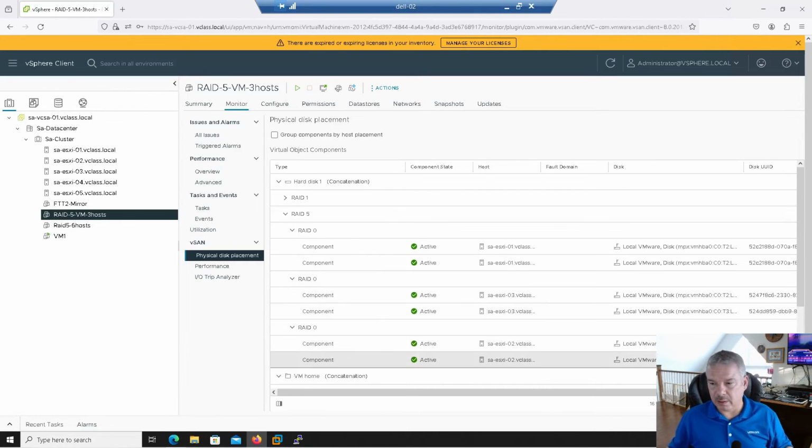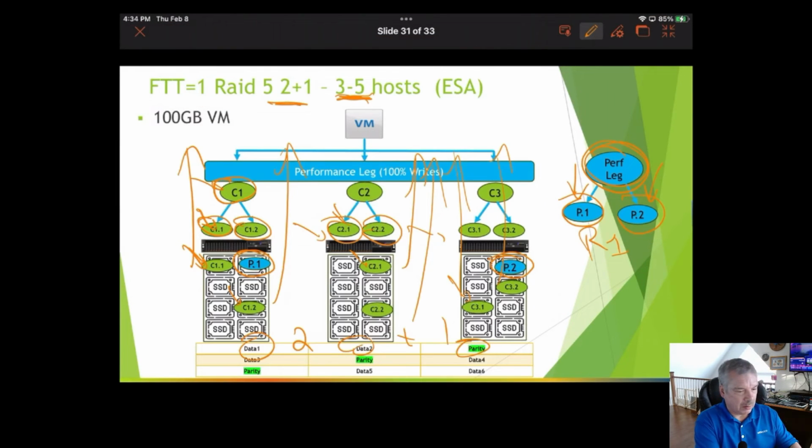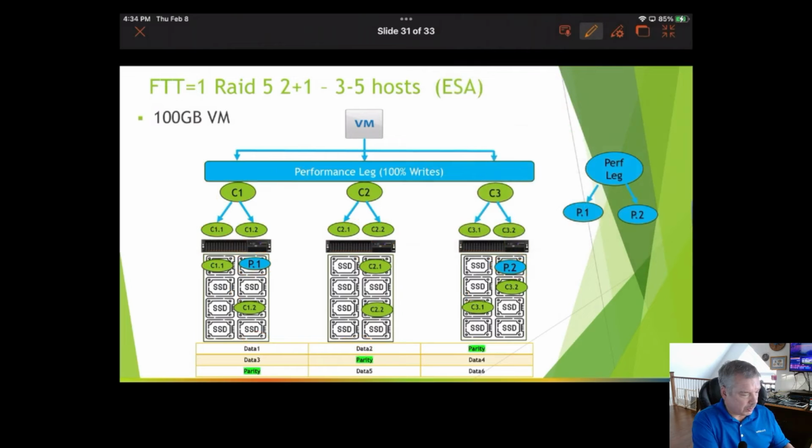So let's go back to my iPad and look at that. There it is. There's your RAID 5 across 3 hosts, 2 components each. We're doing RAID 0 across those. Then we're doing RAID 5 across that.